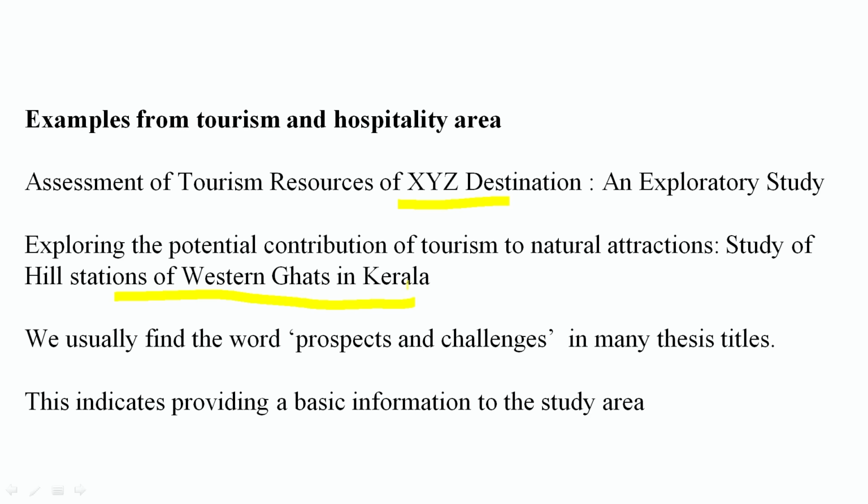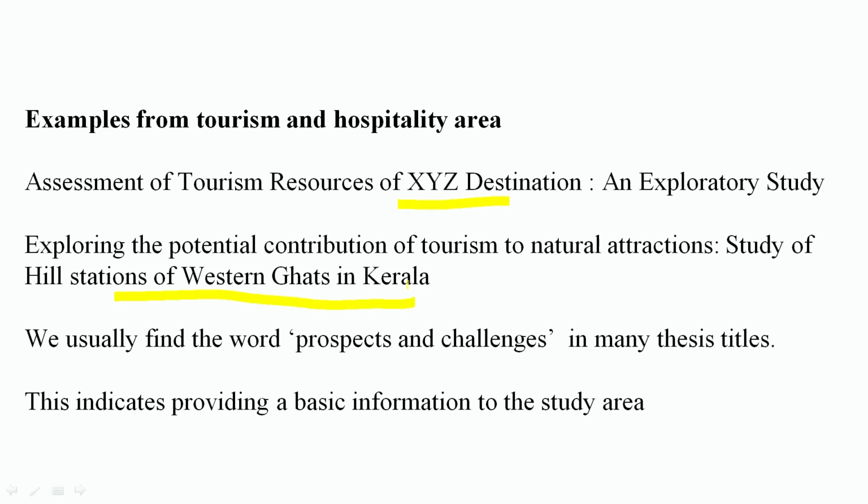Here we can understand that the hill station, elevation wise, is a little higher, and there would be very good weather conditions. That weather and natural beauty attract visitors. So, identifying the basic information, that is, what kind of resources attract visitors, and making it quantifiable, is the final outcome of this study.